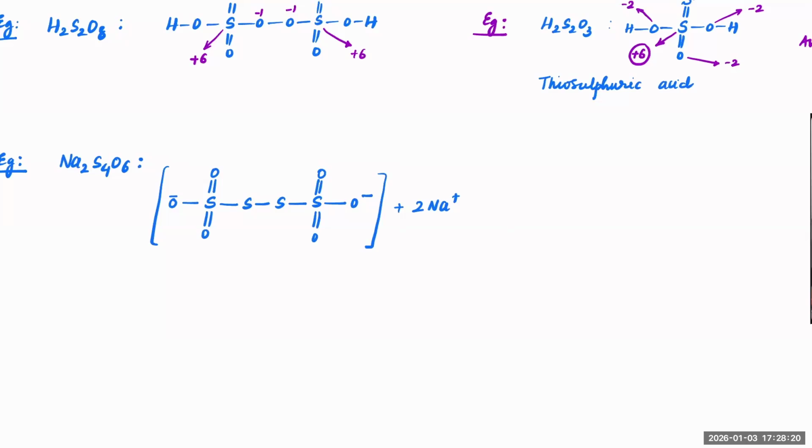Now in here, if you notice the sulfur here is basically losing two electrons here, losing two electrons here, losing one electron here. So total that makes it plus 5. And same goes with this sulfur, which is plus 5. While this sulfur and this sulfur both will remain 0 because both of them are connected from sulfur ends only.